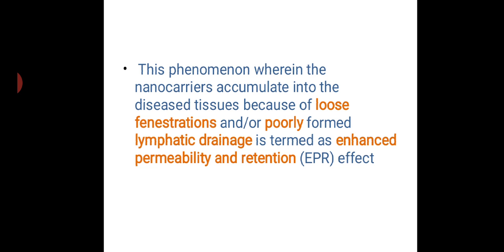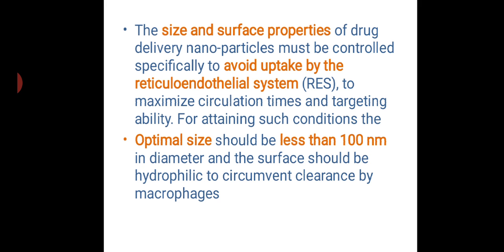That is, the permeability is enhanced. What is the reason for enhanced permeability? The above said reason, that is the loose fenestrations and the retention time. So this diseased tissue can hold the drug molecules for a longer period of time. So it enhances a large quantity into the cells, and it remains for a longer period of time.